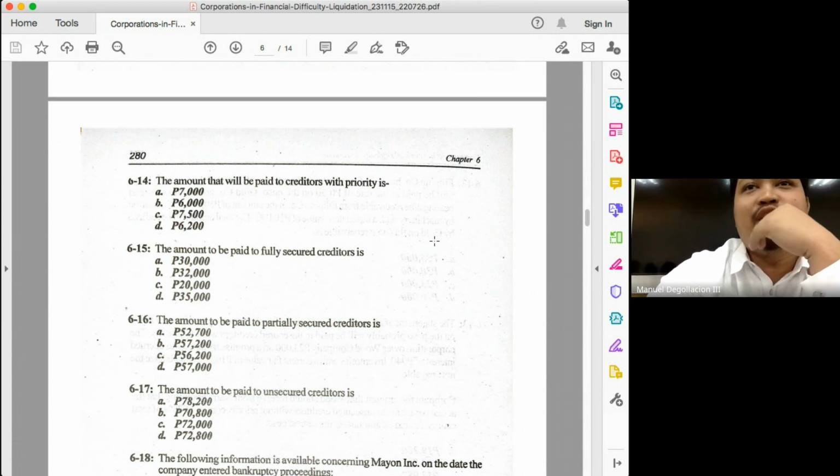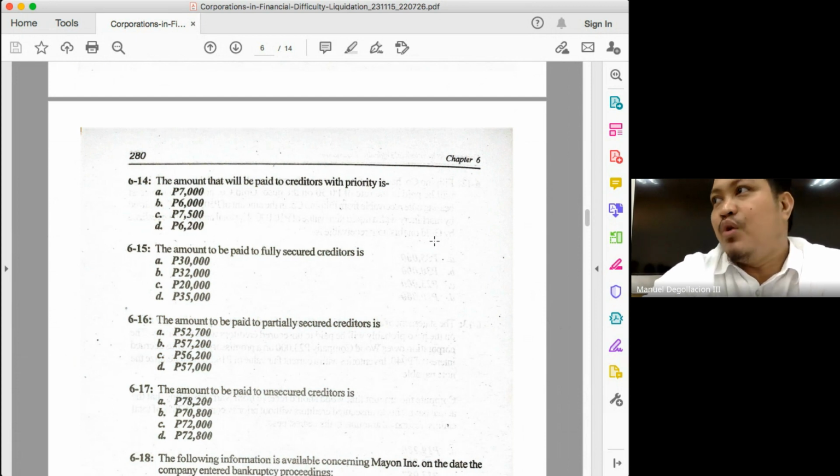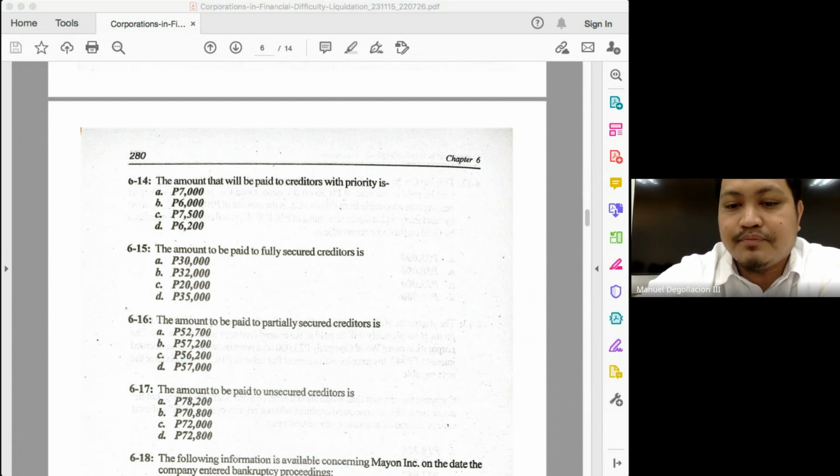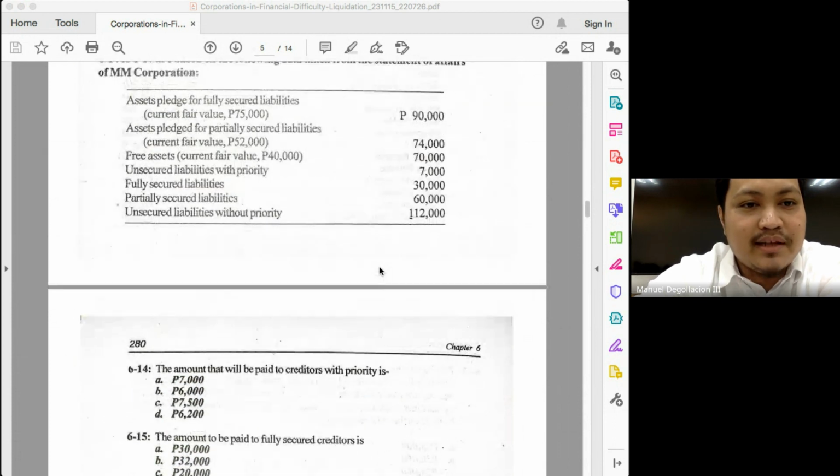And for this kind of question, do we need to solve for this one, class? No, because we just have to determine the amount of claim with priority, because we know that they will get 100%. So all we have to do is look for the liabilities with priority.